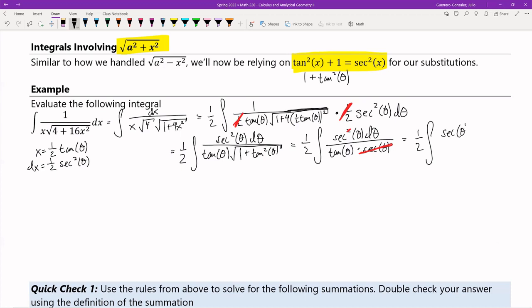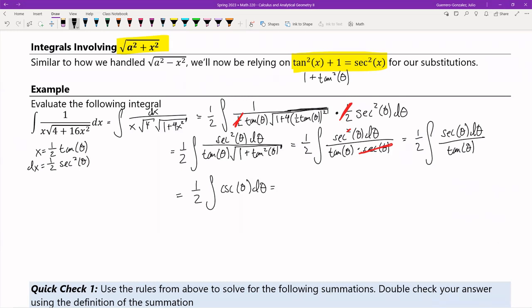Secant theta d theta divided by tangent theta. If you reduce this down, we're almost done. 1/2 times the integral, right? If you reduce this down, just the integrand of that last bit that I just did, that's going to reduce down to cosecant of theta d theta.